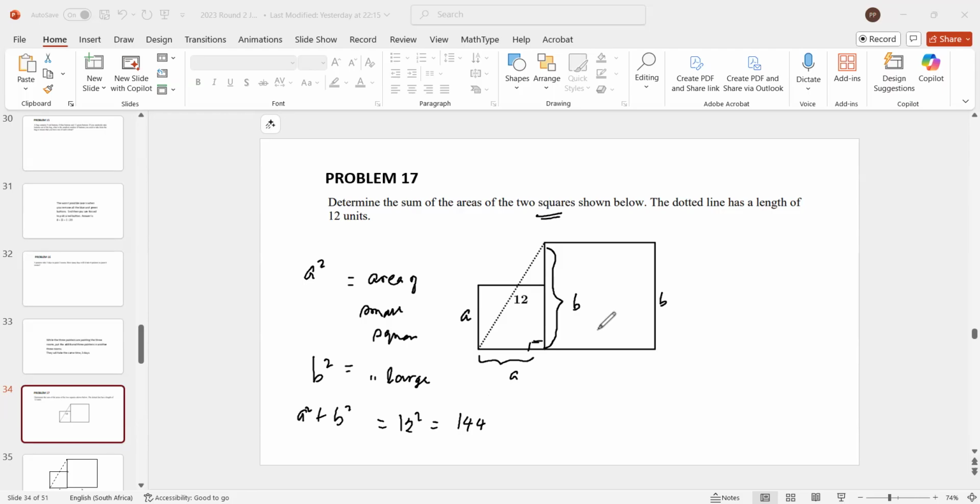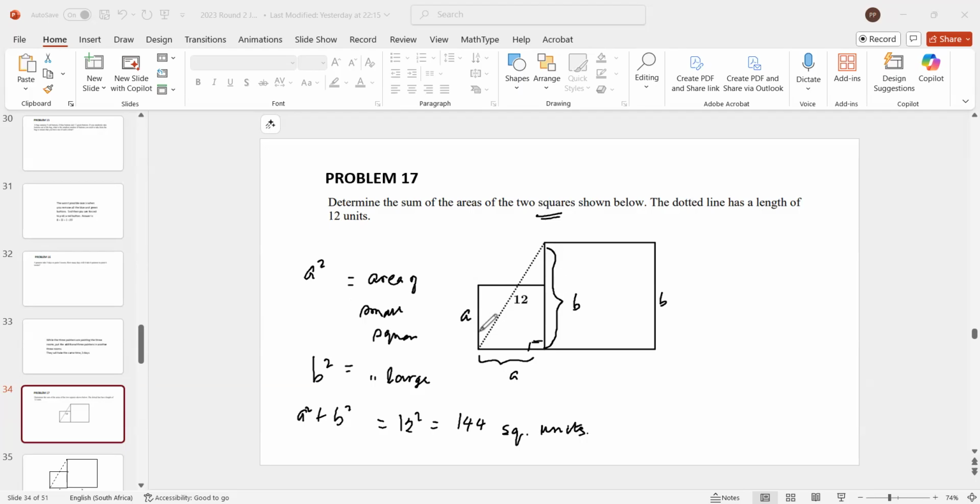So that's the area. They say the lengths are in units, so you'll have to say square units. And each time you have a volume or area, make sure you put the units. These are square units. All right. So that's an interesting problem.